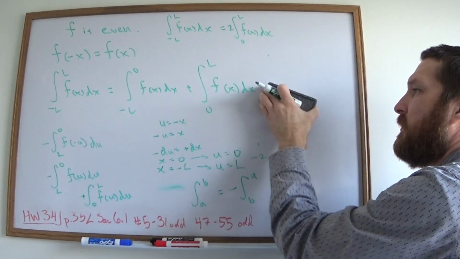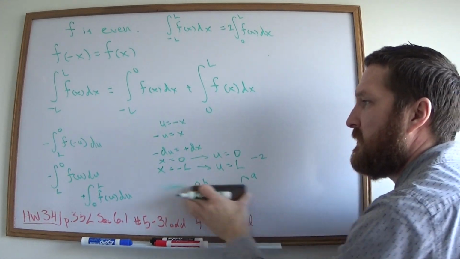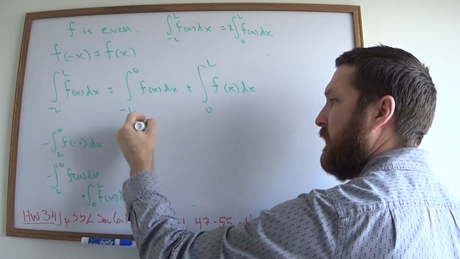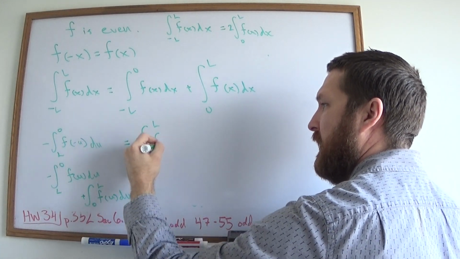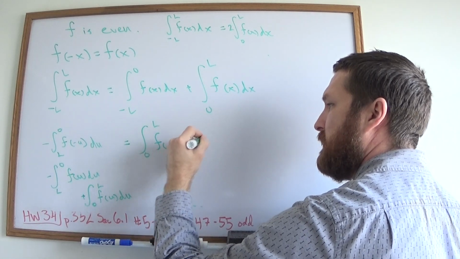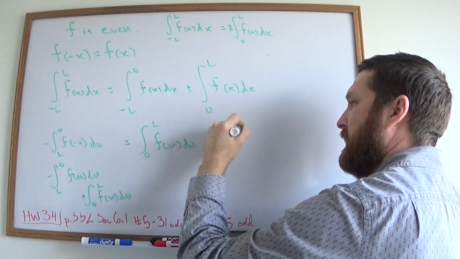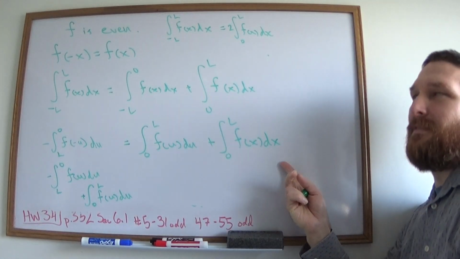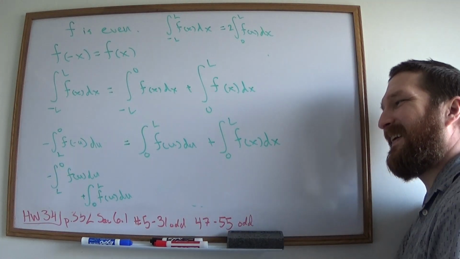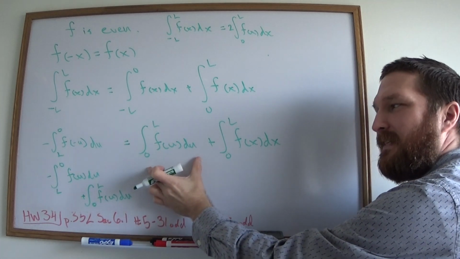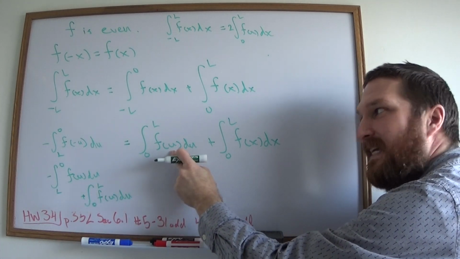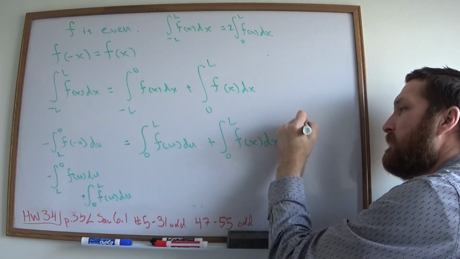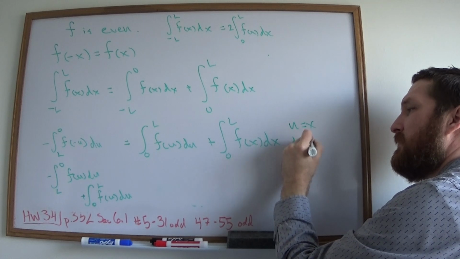Okay? So all of that to say that this is equal to the integral from 0 up to L of f of u du plus 0 up to L f of x dx. We could do another u substitution here if we wanted. Or you could just say, this is some number, if it's a t, f of t dt is the same thing as f of u du. Or let's just be really explicit. If u equals x, then du equals dx.